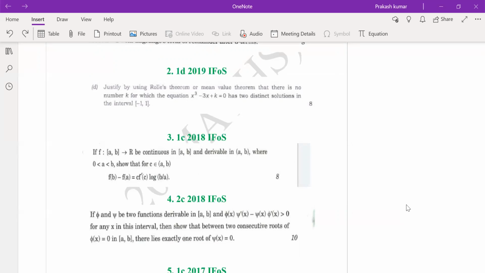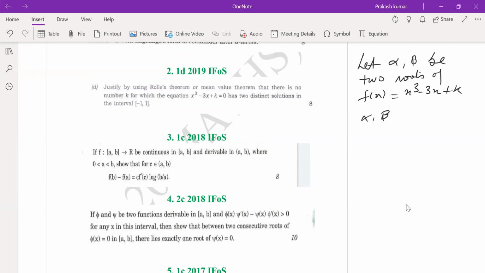So how to proceed? Let us assume that two roots exist. Let alpha and beta be two roots of f(x) = x³ - 3x + k, where alpha and beta belong to the interval -1 to 1.